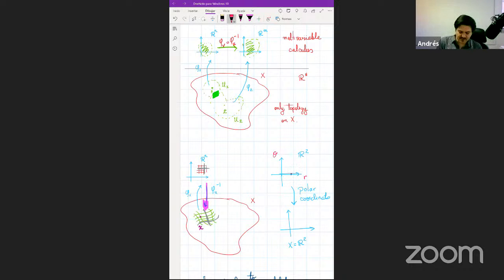If you are in a point here and you move here, that means you have that, right? That's a different parameterization of R2 using polar coordinates. If you are here, so you're describing this.